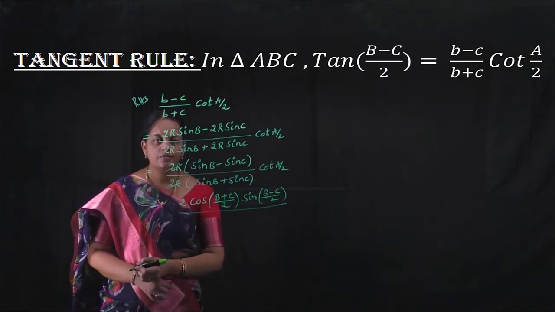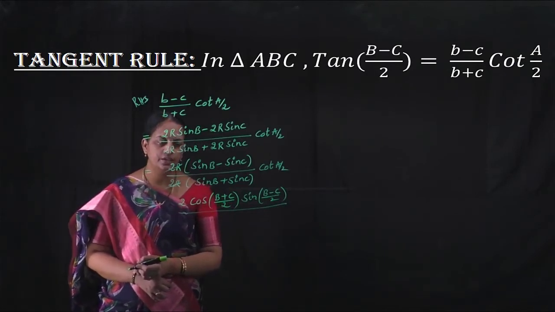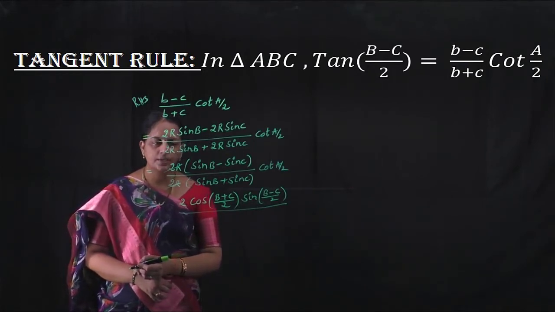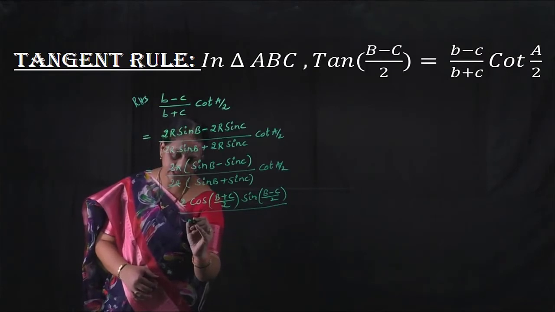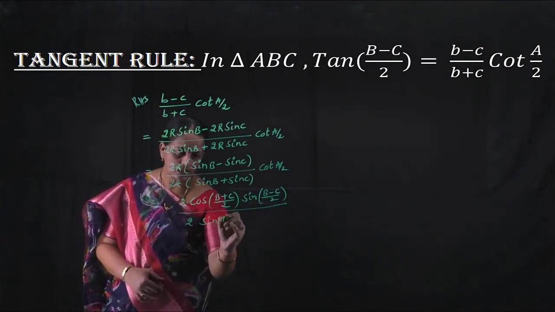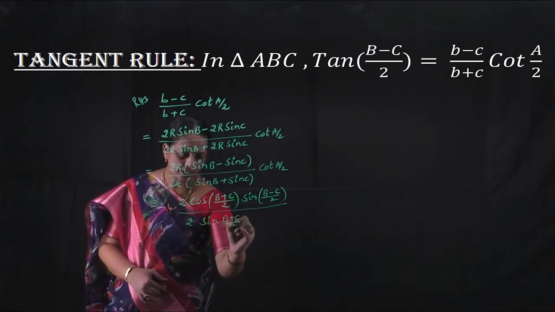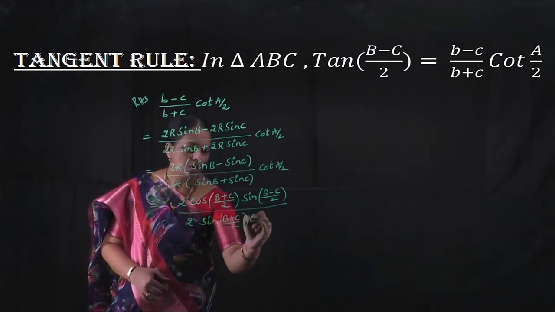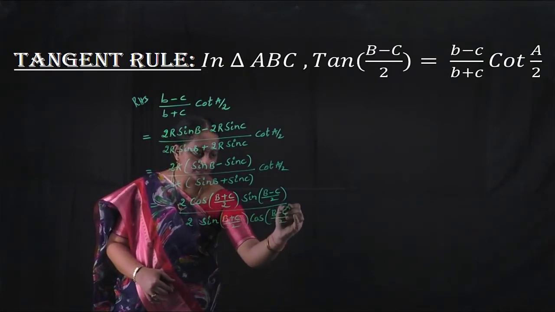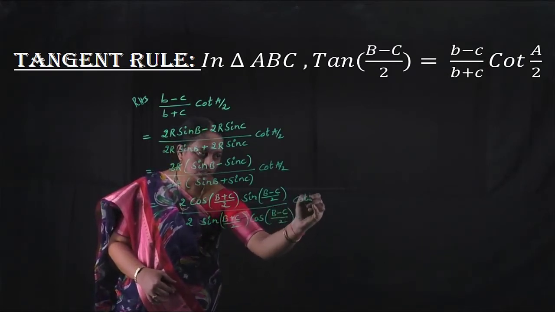That is in the form of sin C plus sin D, and the formula for sin C plus sin D is 2 sin (C plus D) by 2 cos (C minus D) by 2. By applying that, we get 2 sin (B plus C) by 2 into cos (B minus C) by 2 into cot A by 2.